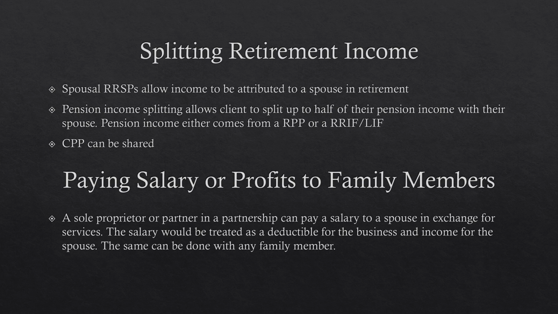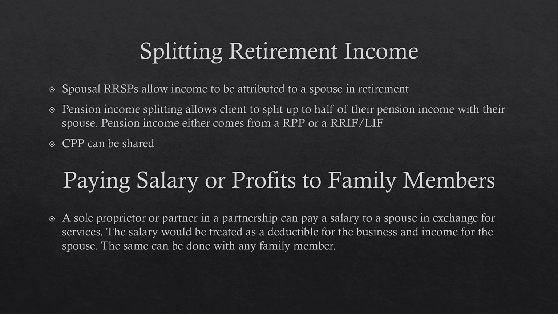But if you are that age, it is definitely worth converting your RSP to a RIF and taking money out that way, just because it gives the accountant the option to split it with your spouse. Also, CPP can be shared. That's something that needs to be applied for with CRA before you start taking it.